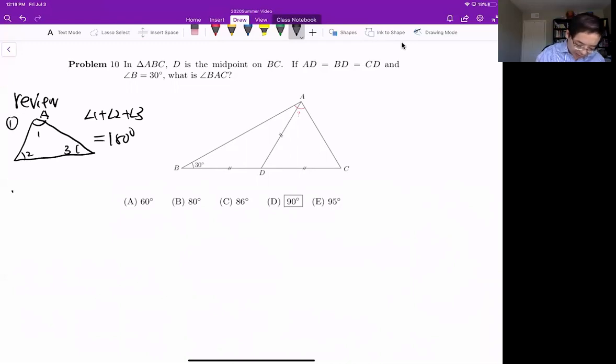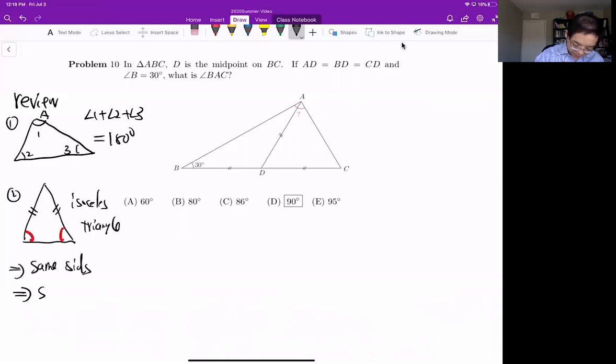And number 2, if I have an isosceles triangle, so if these 2 sides are the same, then it implies the angles are also the same. Same sides correspond to same angles. So keep this in mind. Same sides, same angles.